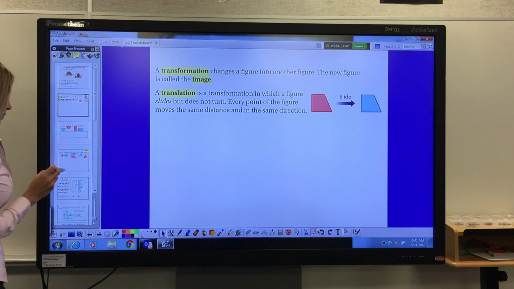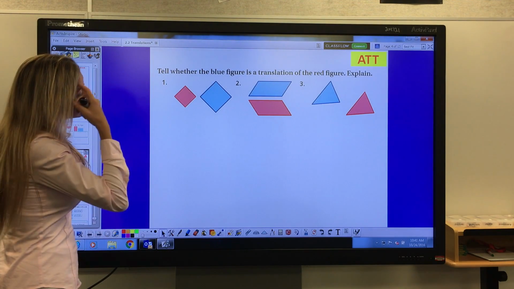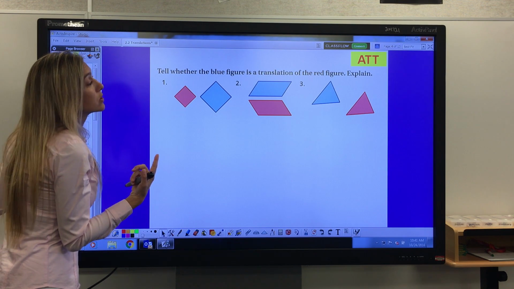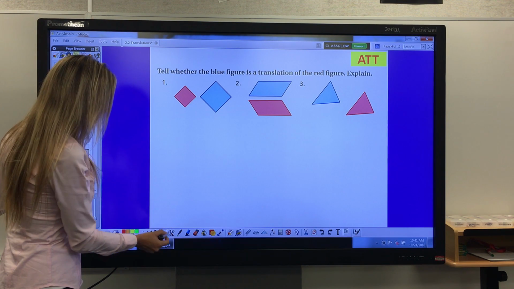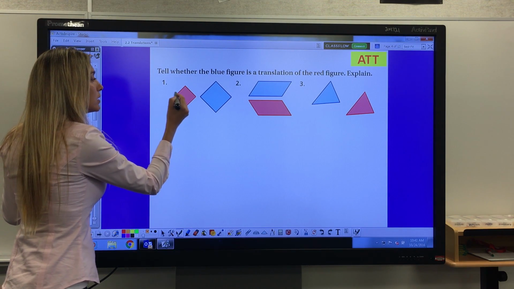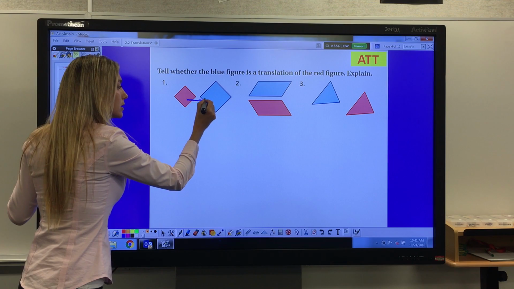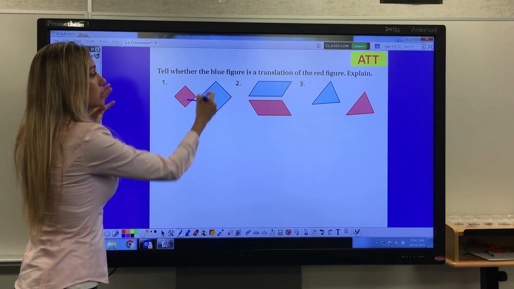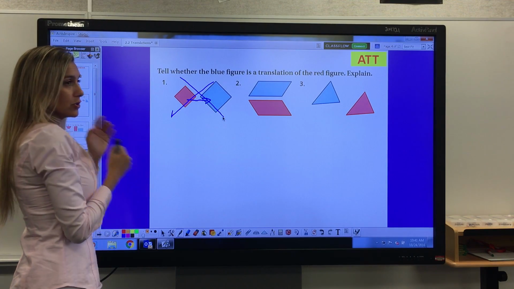Let's look at a couple examples. Here, tell whether the blue figure is a translation of the red one. In number 1, the rectangle did slide to the right, however, it got bigger, so it's not a translation.